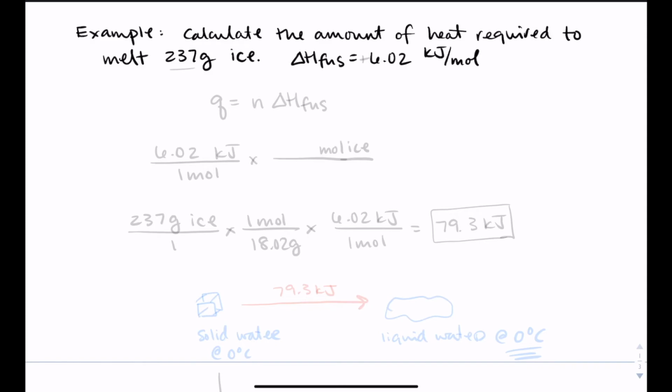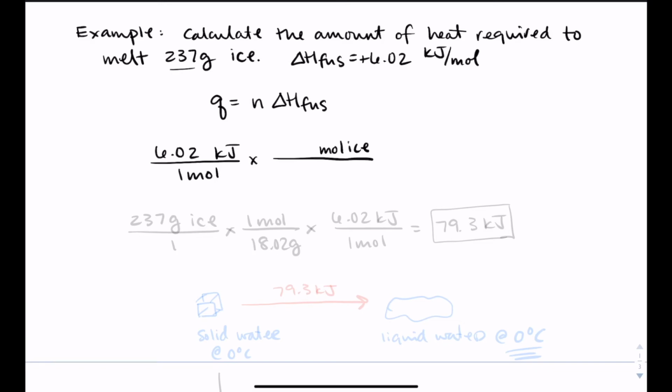So this 6.02 kilojoules per mole enthalpy of fusion, it's still an enthalpy, and you saw a reaction for melting. We're going to use this like a conversion factor the same way that we did when it was next to the other type of reaction. Officially, if you like to have equations, the heat for a phase change is the number of moles times the enthalpy for that phase change.